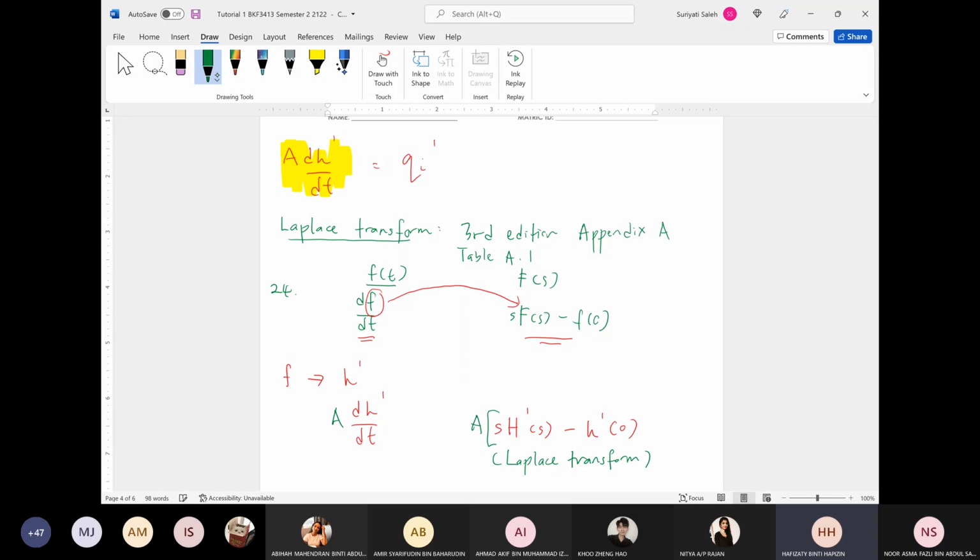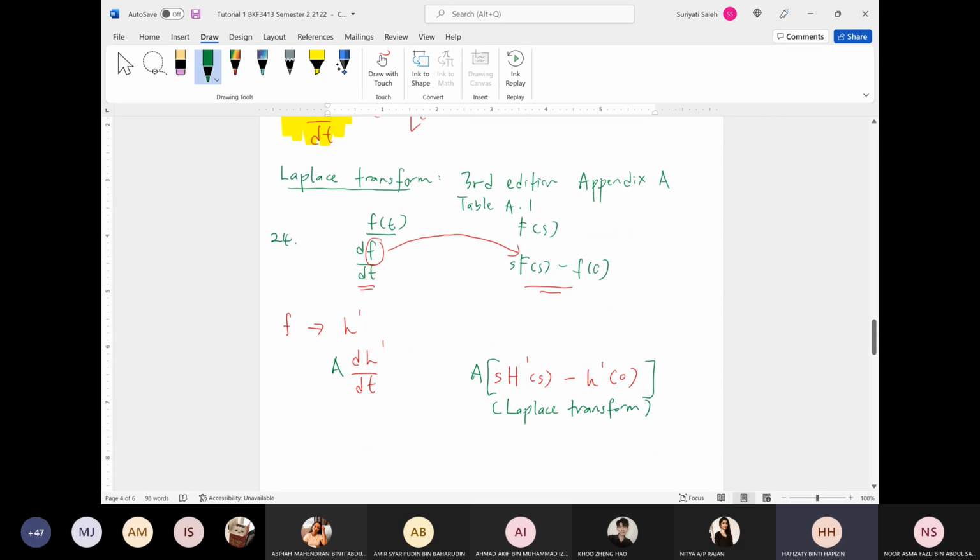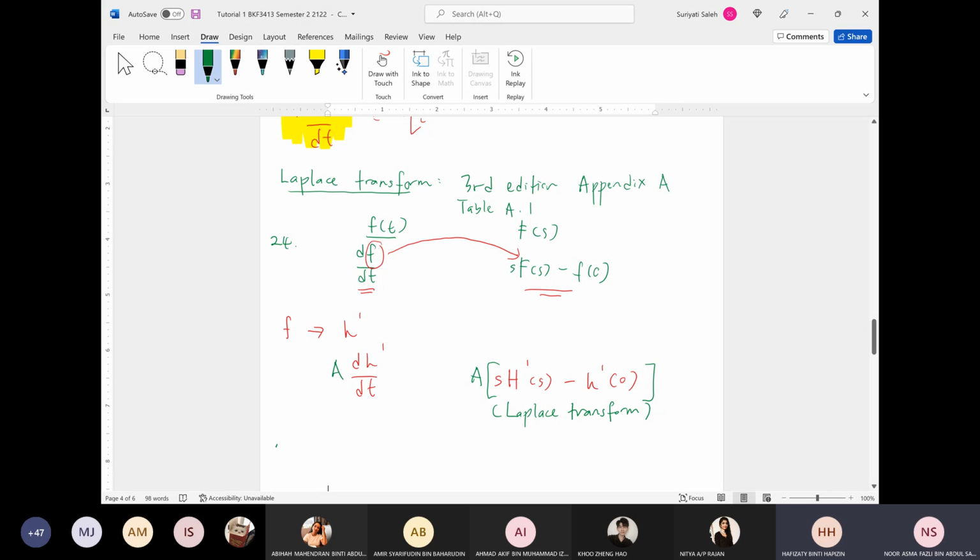Because a is the constant, when you do the Laplace transform, you still get the same form, so you don't need to worry about that. So for the left hand side, when I do the Laplace of a dh prime dt, it becomes a s H prime(s) minus h prime(0).